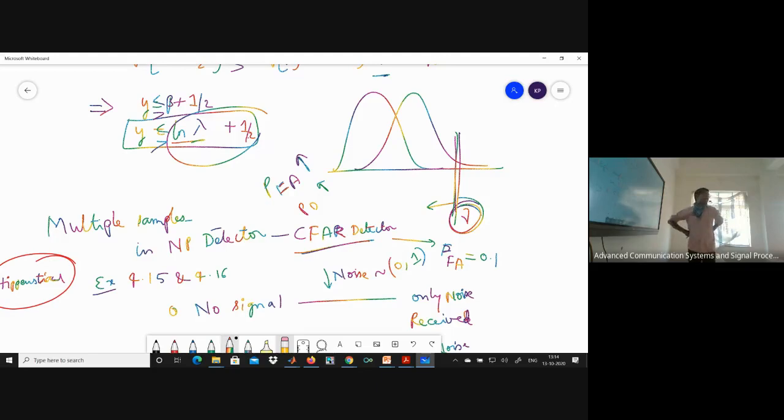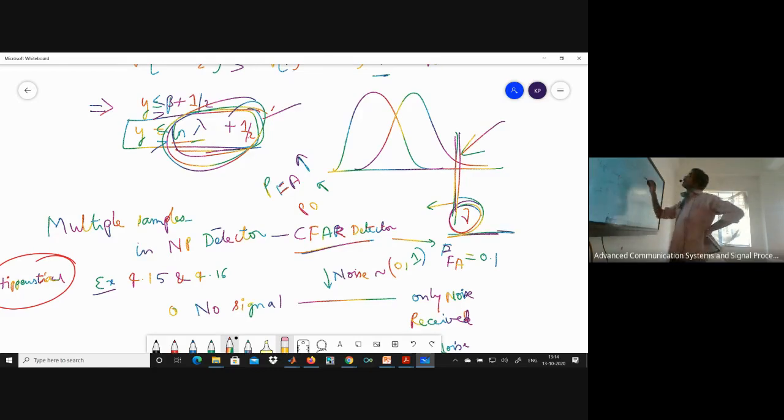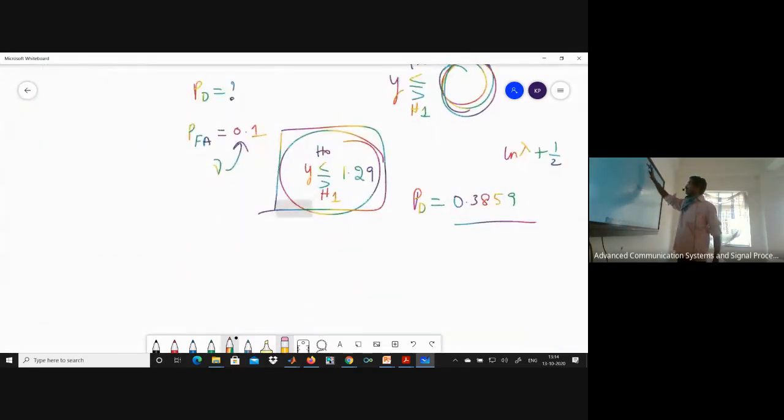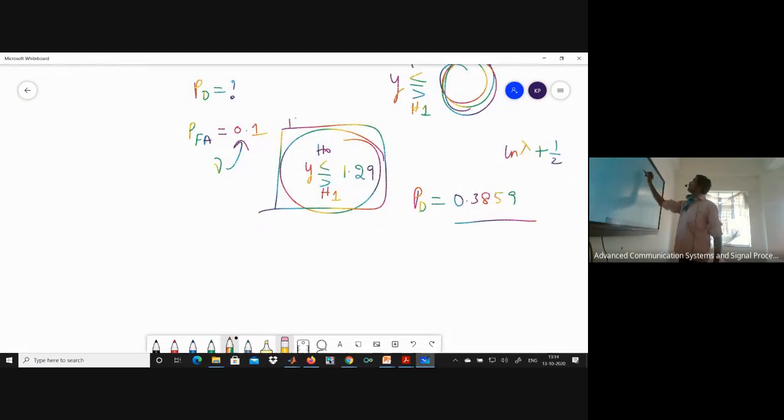In this equation, the natural logarithm of lambda plus 1/2 is not required to be calculated, because you get this whole threshold value straight away from your probability of false alarm. Whatever gamma value you have, you can replace this whole term with that gamma, and that is the parameter we use to take the decision. That is why I told you that this is my detector, the CFAR detector.